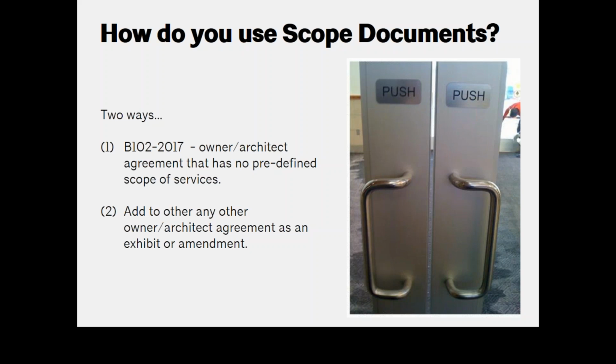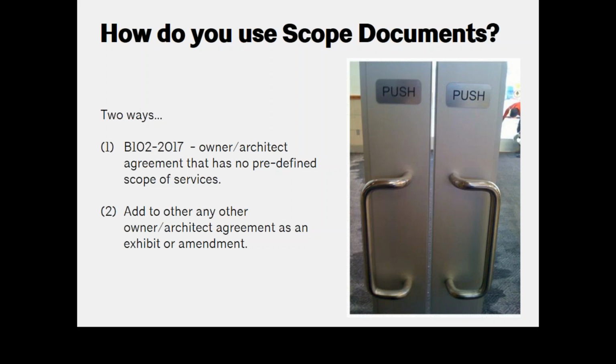So in order to have a full agreement, let's say you're starting a project and you want to do programming for an owner, you would take B102, fill that out, and then reference B202, which, if you saw from the last slide, is the programming scope. And then as that project advances and you are going to do perhaps historic preservation services, you might add B205, which is the historic preservation scope that we'll talk about in a minute.